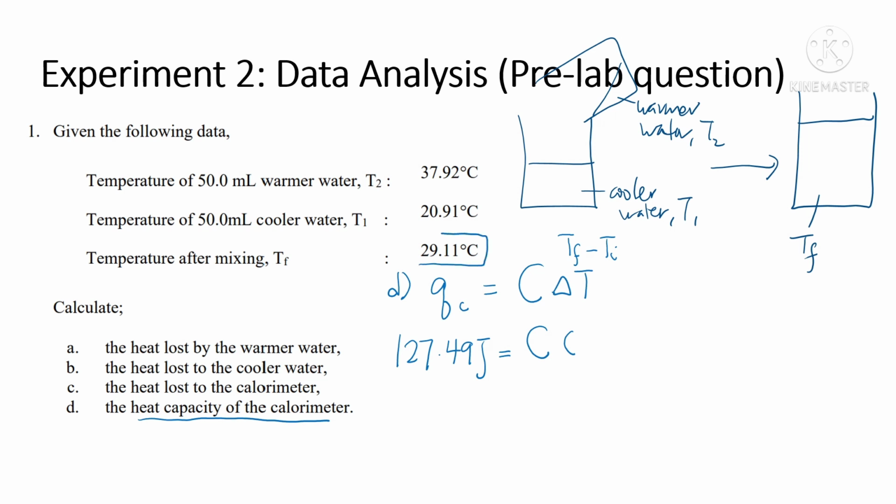The final temperature after mixing is 29.11 degrees Celsius, and the initial temperature of calorimeter is equal to the initial temperature of the cooler water, which is 20.91 degrees Celsius. This should give us the heat capacity of calorimeter equal to 15.55 joule per degree Celsius.